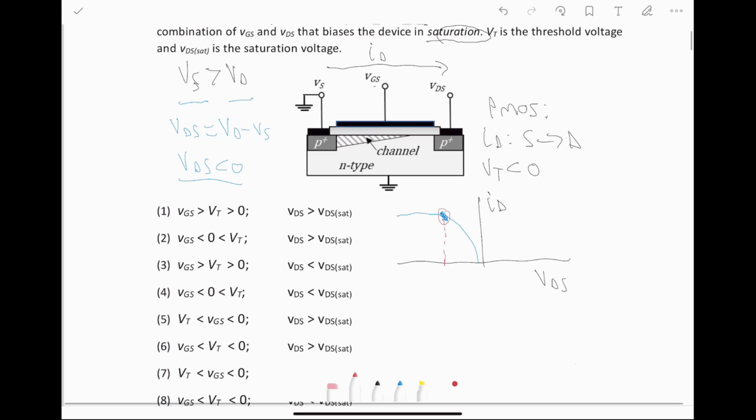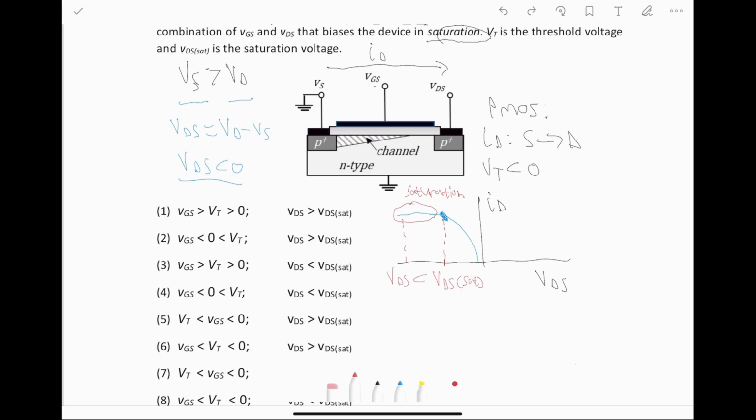So we could say that we have some saturation point here. That is VDS sat. And since we're in the saturation region, we are somewhere over here. That's saturation. And therefore, let's say that's VDS, somewhere in saturation.